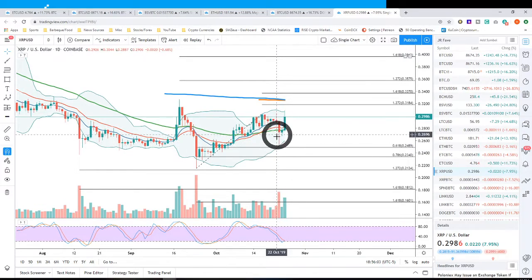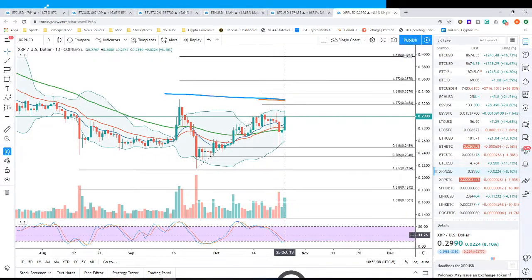Springboard effect, right? Springboard. Stochastic RSI is oversold, trying to hook. This could make a run.